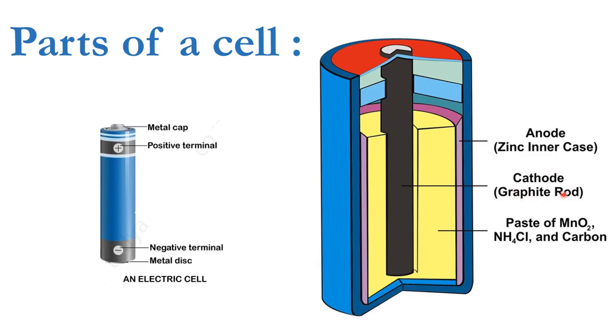Along with it, there is a paste of manganese oxide, ammonium chloride, and carbon present inside the cell. These chemicals store chemical energy in them, which is converted into electrical energy.